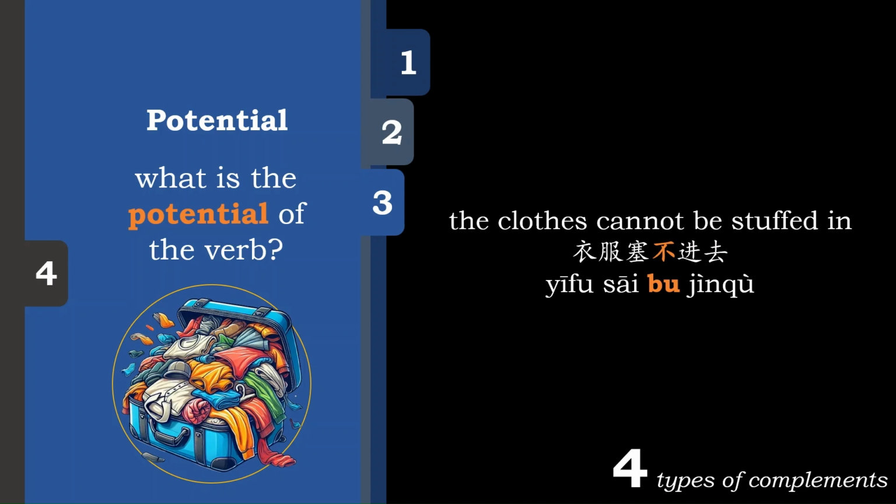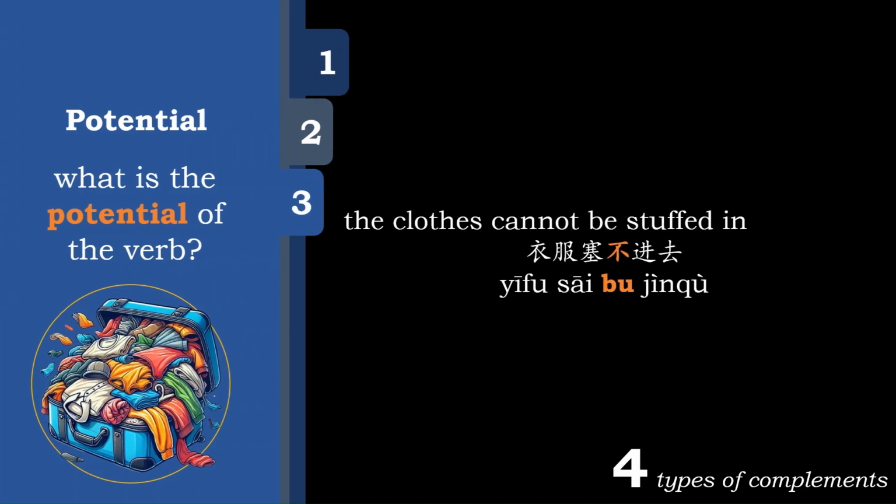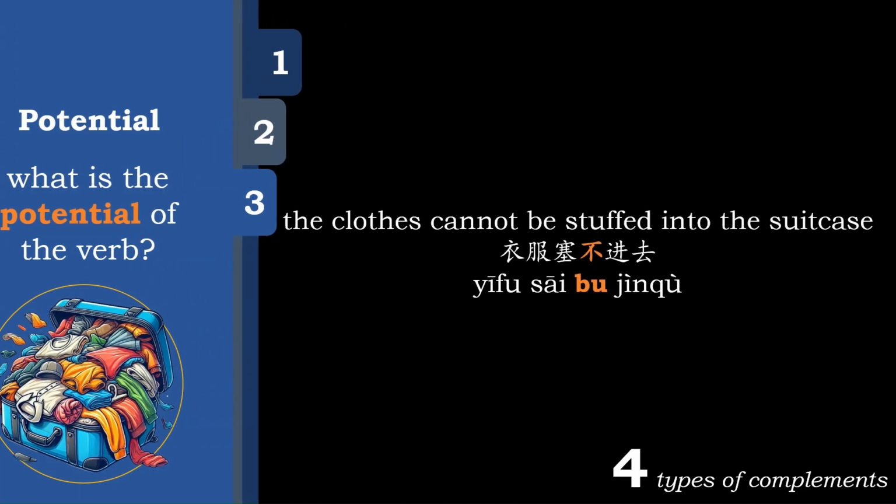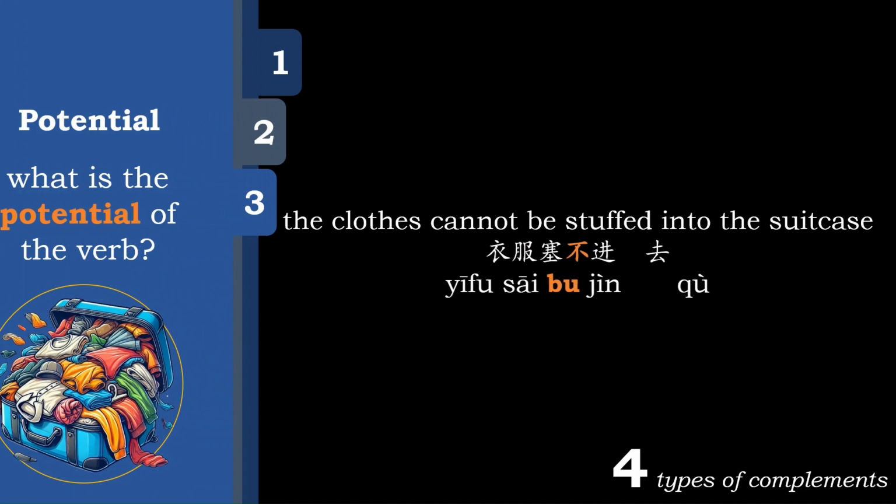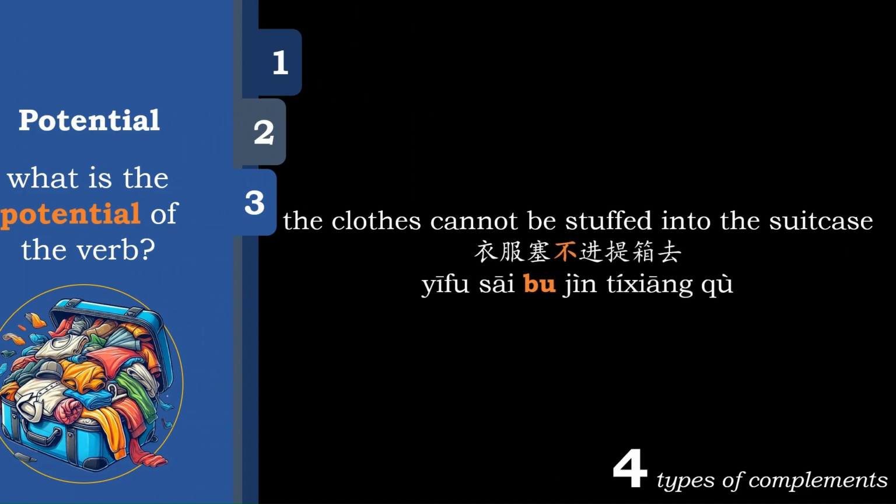衣服塞不进去. What if we want to specify the clothes cannot be stuffed into the suitcase? So we would say 衣服塞不进提箱去. So now we put the object 提箱 between 进 and 去.